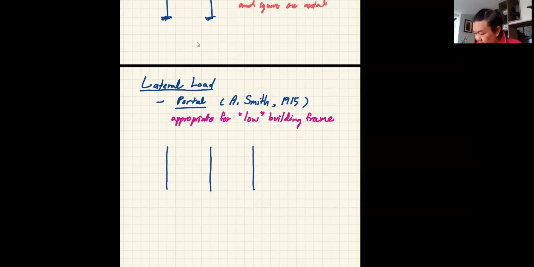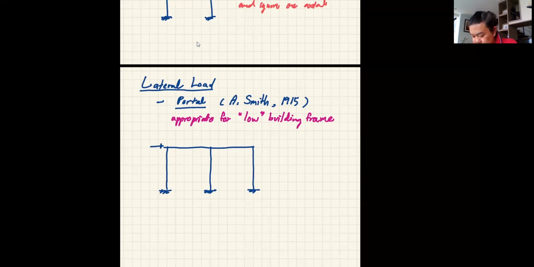When you push the frame, because many still cannot draw the proper deflected shape. When I push this, generally your frame, because this is fixed, correct? It's gonna go like this. And because this has to come down, you see, this has to go up. So the deflected shape is always like that.